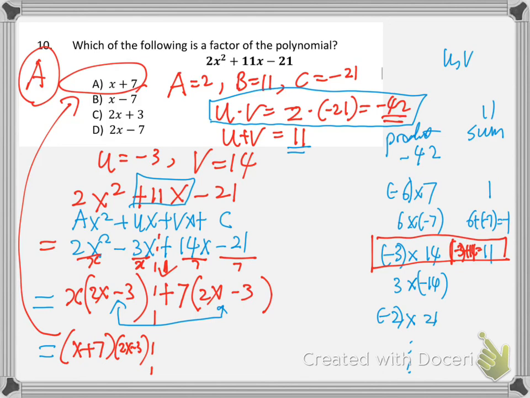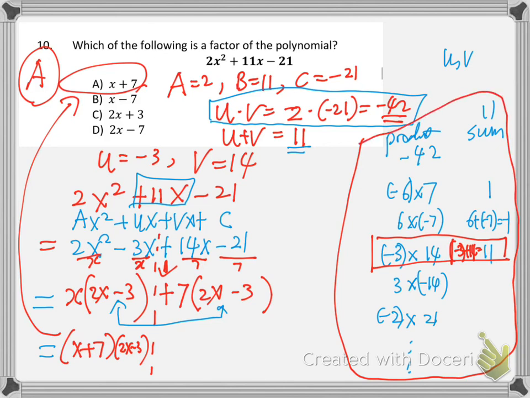We have to find U and V first by using this part. And then we split bx. B is 11, so we split 11x to negative 3x and 14x in the middle here. And then we use grouping method, factor the first group, second group, and then we got the answer.